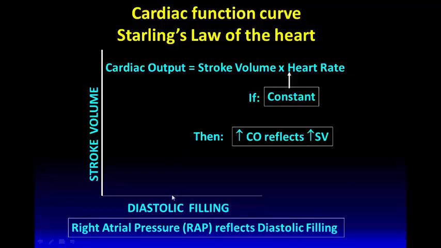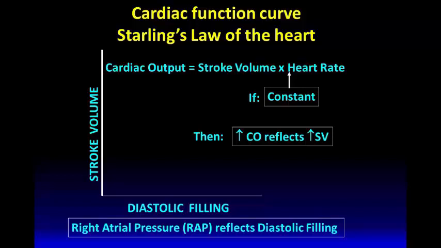So the cardiac function curve can also be drawn by having an index which reflects diastolic filling on the x-axis. This could be end-diastolic volume, or end-diastolic pressure, or it could also be right atrial pressure, the pressure in the right atrium, because the pressure in the right atrium reflects the ventricular filling during diastole.